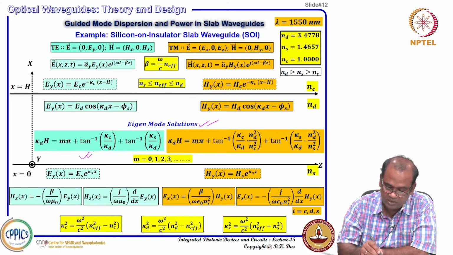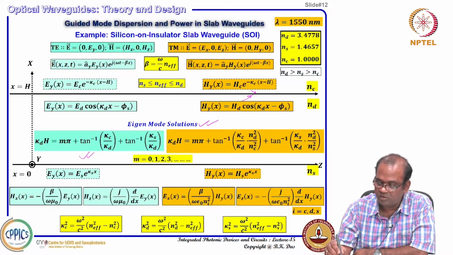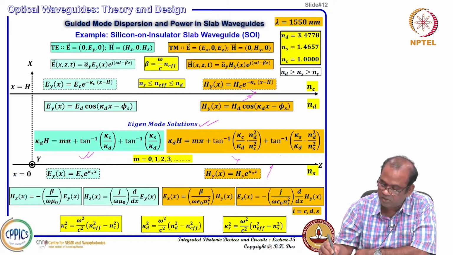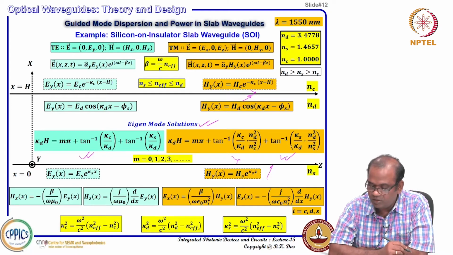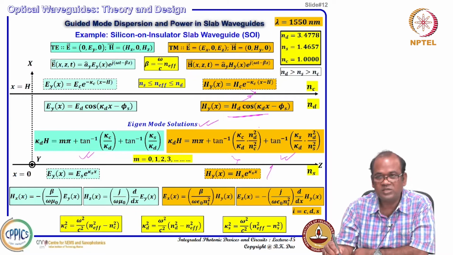For TE polarization this is the expression, and for TM polarization, if I consider the boundary continuity using these equations, then in the same way as TE polarization I get a slightly different equation, because here we are considering the magnetic field. But I am not discussing that step here; you can take it as a home assignment.